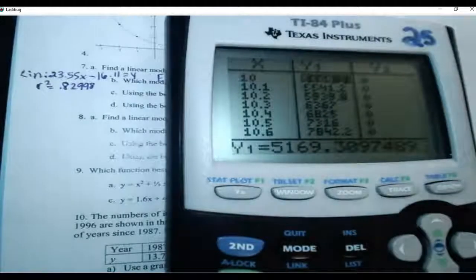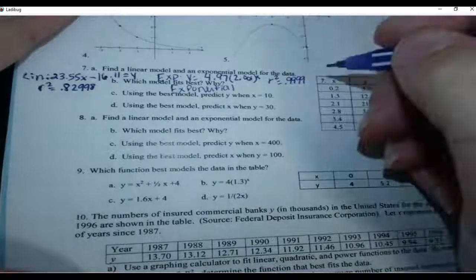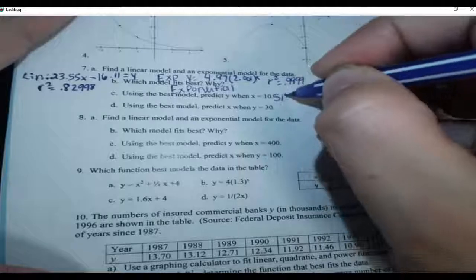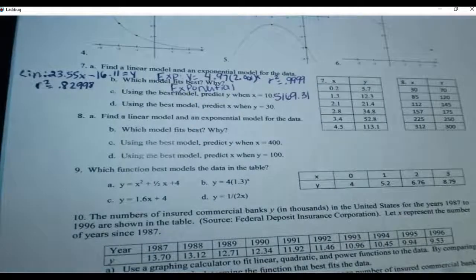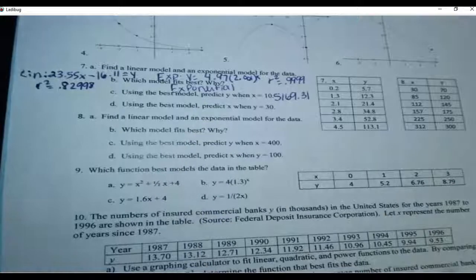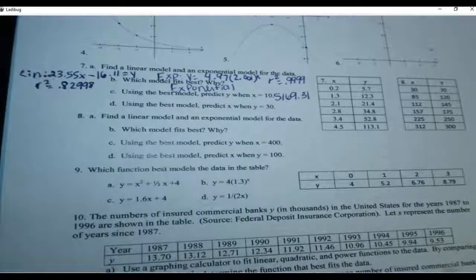So at 10, we've got 5,169.31. The exponential, yeah, because it was the better fit.